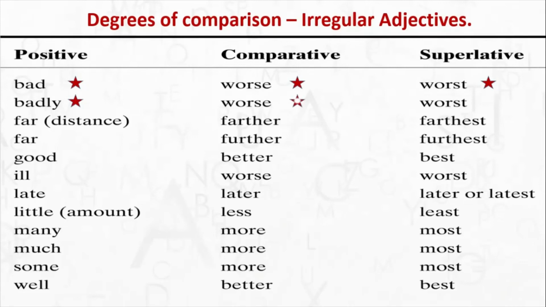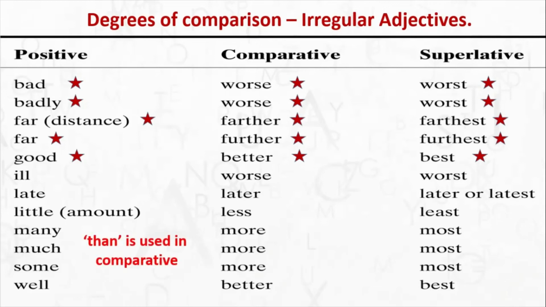Worse, worst. Far, as far as distance is concerned. Farther, farthest. This far, further, furthest. Good, better, best. So see, nowhere are we adding the ER or EST. That is why these are all irregular adjectives.